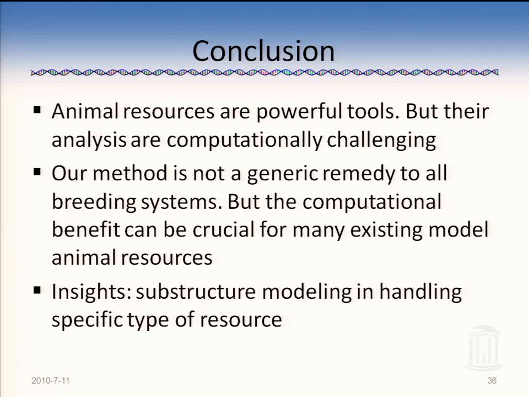To conclude this presentation, animal resources are very powerful tools, but analysis can be challenging. It's different from human populations because the pedigree here normally consists of many generations, whereas human pedigrees have maybe few generations.